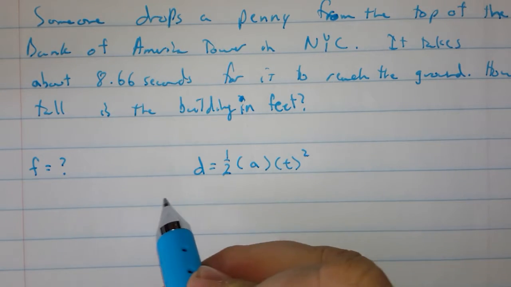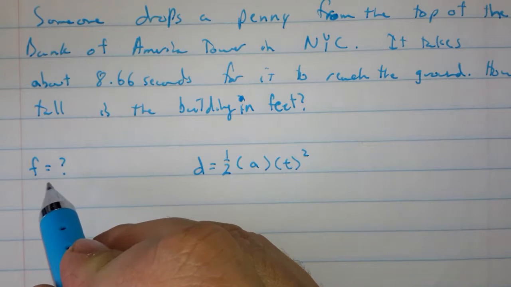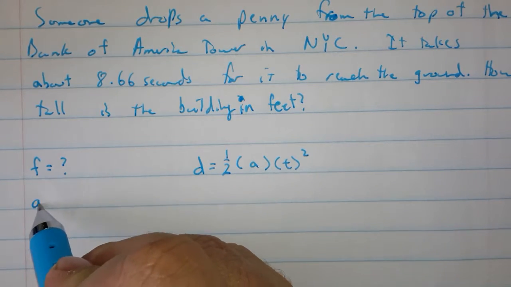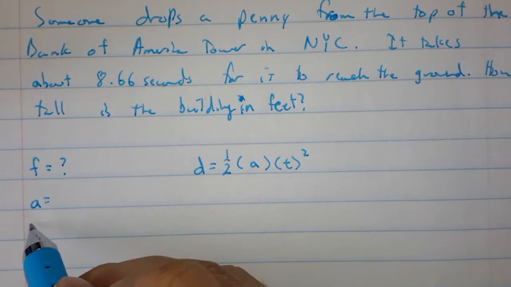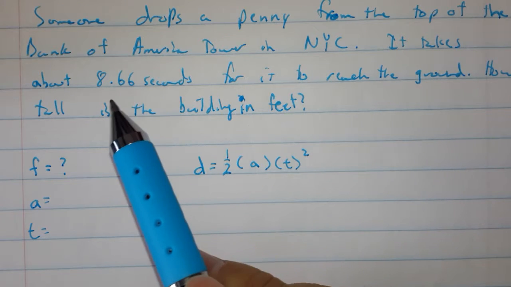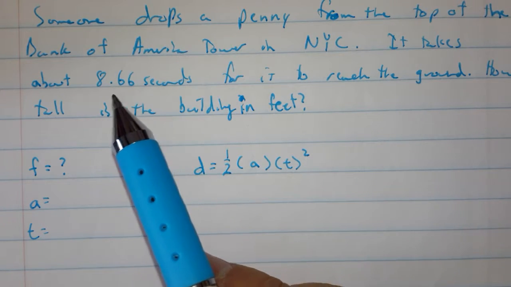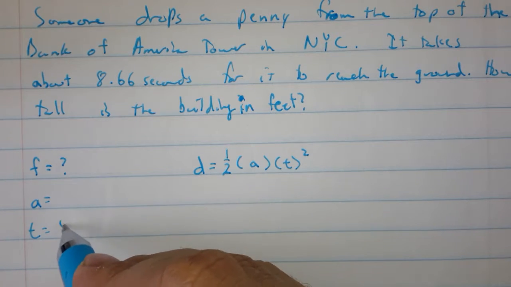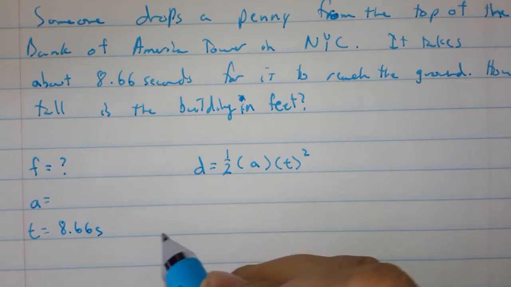So we'll write our other variables down. We already know that the feet, which is what we're looking for, is the distance. We have acceleration and we have time. The time is given up here. It's going to be 8.66 seconds. And it says about, so we might end up doing some rounding here.